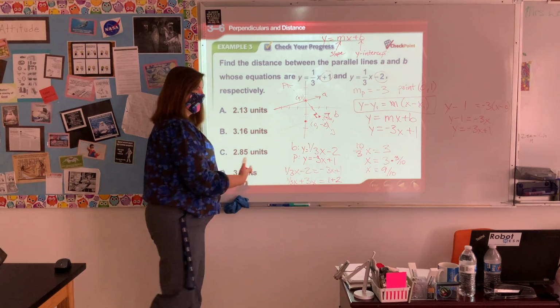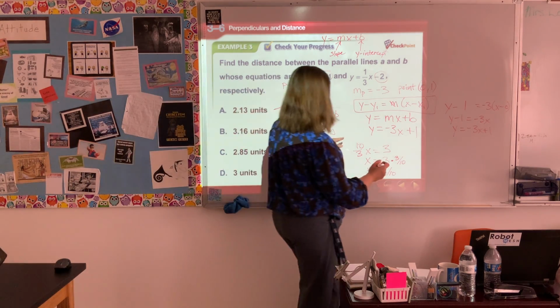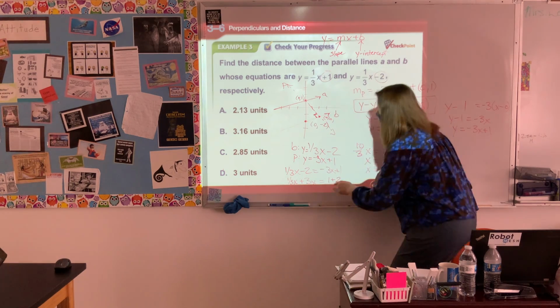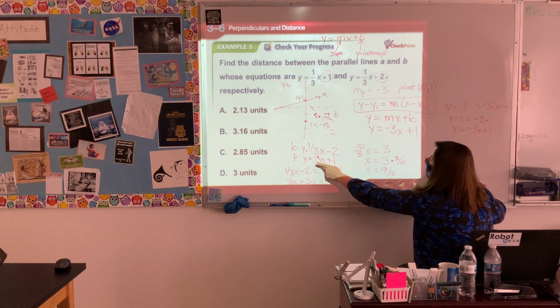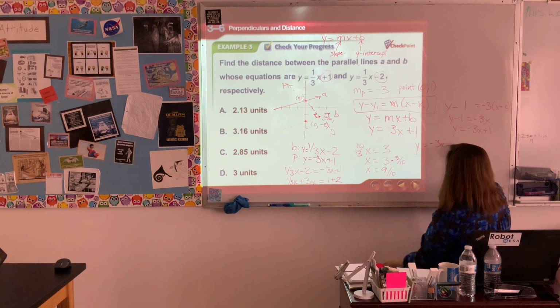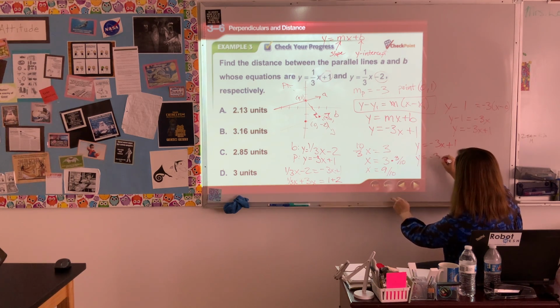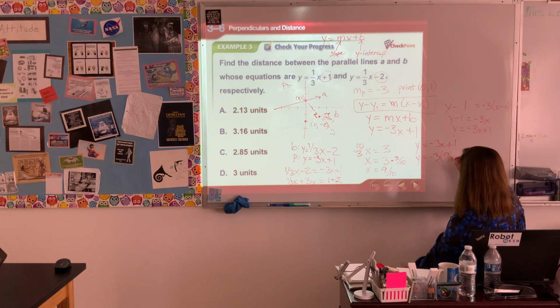How do I find out the y? I plug it back into one of my initial equations. Y is equal to negative 3x plus 1. Y is equal to negative 3 times 9/10 plus 1.